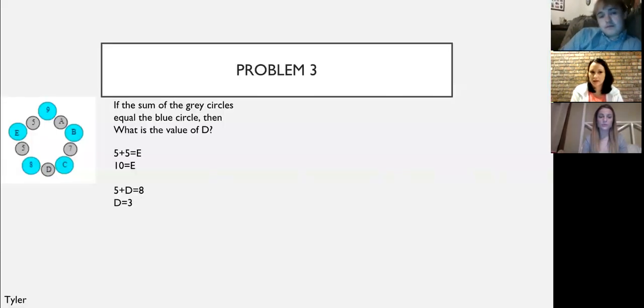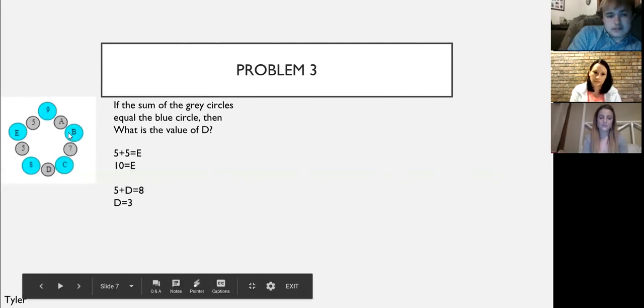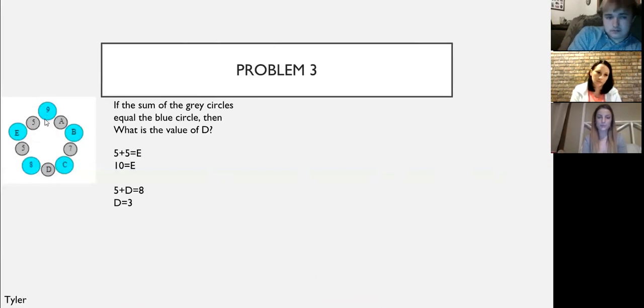If the sum of the gray circles equals the blue circle, then what is the value of D? All right, so in this equation, we know that the sum of the gray circles equals the value in the blue one. So, for instance, we have 5 plus A equals 9, so that means that A would equal 4.